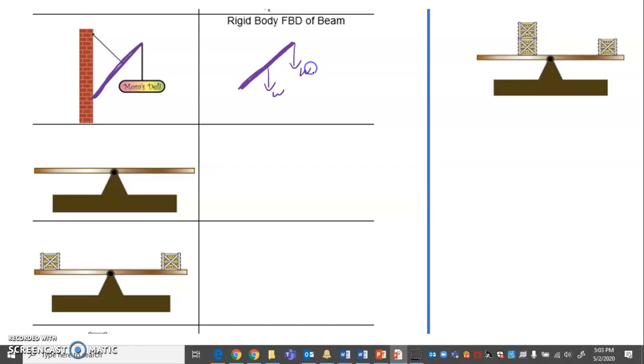There's the weight of the sign. And so since I have that on there, I'm going to call this the weight of the beam. There is a tension which appears to be perpendicular to the beam, and it's not in the center, it's above center. So the weight of the beam is right in the center, and this tension is above center. Call that capital T, not tau, but just a regular capital T.